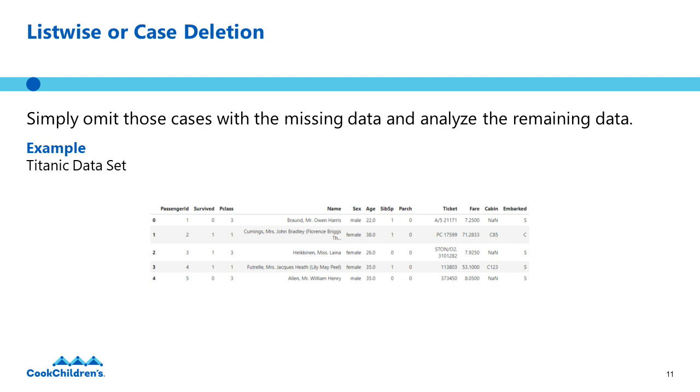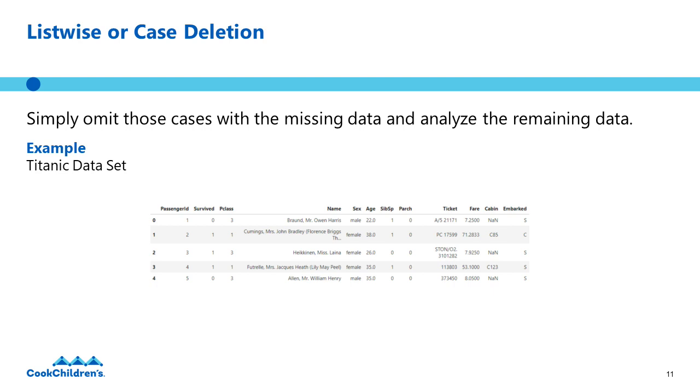So when we look at listwise deletion, I put this Titanic data set up here. This is not the screen grab that I thought I was going to have, but there are over 860 cases in that data set. If you look at Cabin, I believe, it's not very populated.